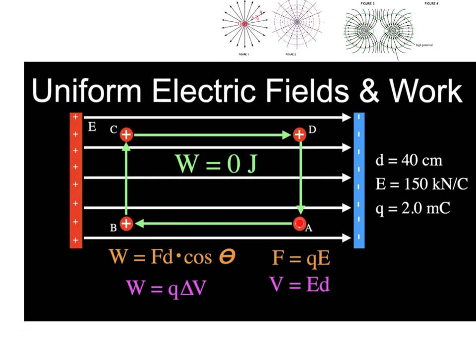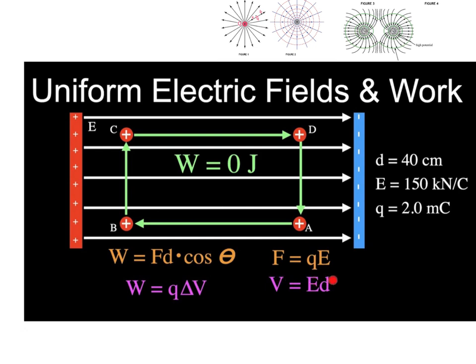We're going to calculate the work done to move this charge through those 4 displacements. And since we end up back where we started, you might guess that the total work should be 0. So this is the work equation. This is the force. Since we know the field and we know the charge, we can get the force. And the work is equal to this, but since we can find the force and the displacement, we can calculate the work this way.